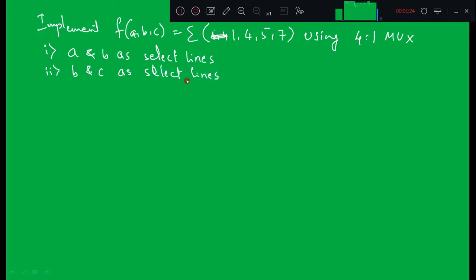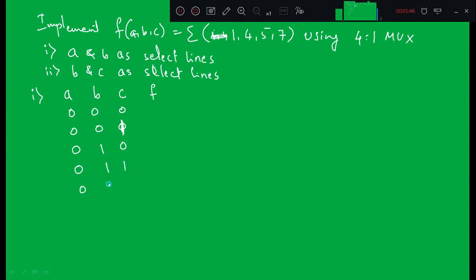First I'll explain with the truth table, then we will see the k-map. In the first method we see a b c, again truth table. There are 3 inputs in total, so we will have 8 combinations. Write all those 8 combinations.